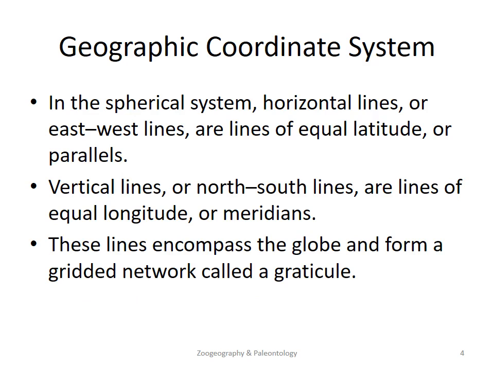As our Earth is a spherical system, we have to understand the system of geographic coordinates which is going to find out the location of a point on Earth. There are two basic planes, the horizontal and the vertical. Horizontal lines run from east to west. These are also known as lines of latitude.